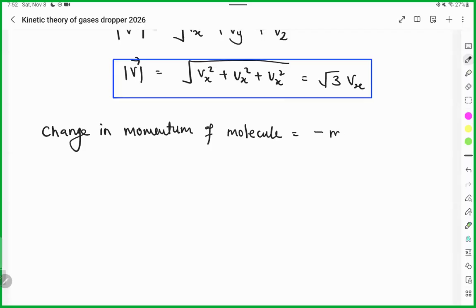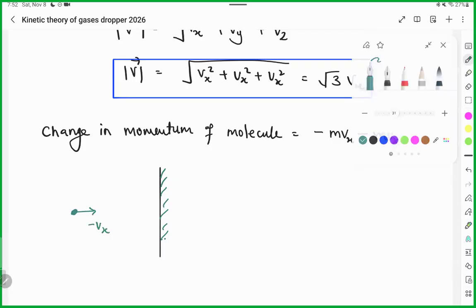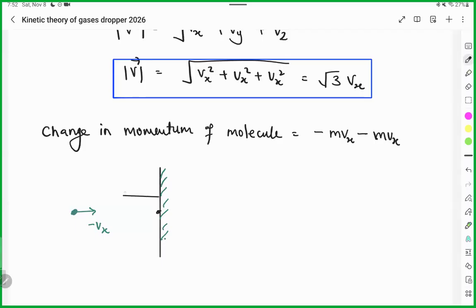If it is moving toward minus x, it will hit and come back with velocity plus vx. Let me explain again. This is the wall. If this gas particle is moving with velocity minus vx, it will hit the wall here and come back with the same speed, but the direction will be plus vx because it is the opposite direction. Right? If the right hand side is negative, then the left hand side will be positive.